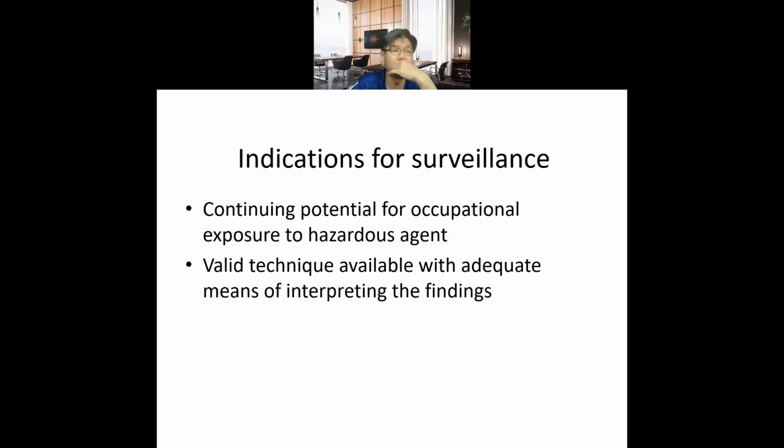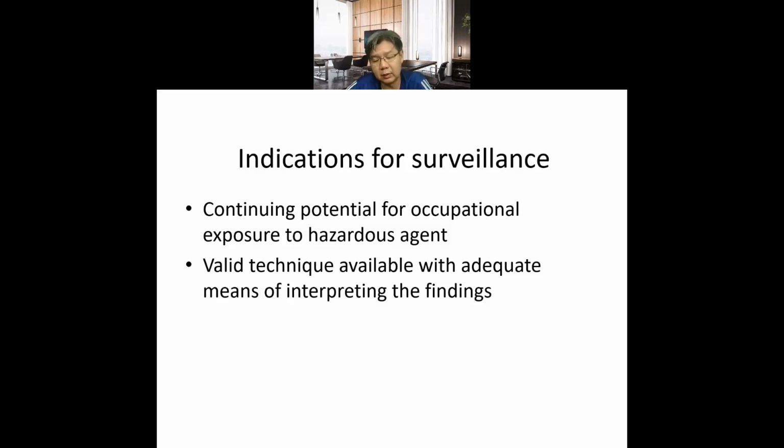That's why, if you notice, under chemicals hazardous to health, you have to carry out CHRA first. And if CHRA indicates that you need to carry out the medical surveillance, then only you look for an OHD to do a medical surveillance. And the other requirement is that we need to have a valid technique, meaning that we will be able to detect this chemical in the body.